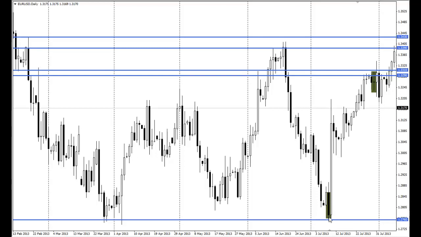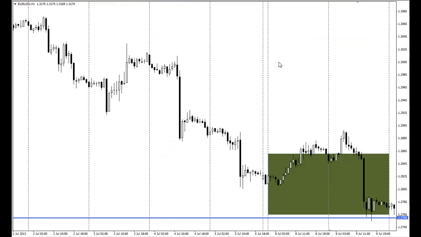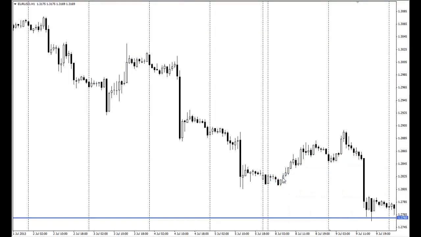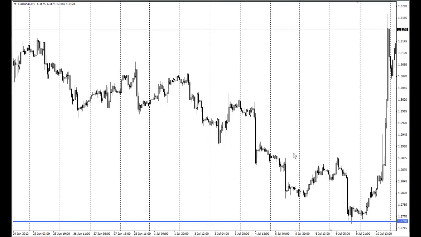So what we're going to do is look at this particular day, and the actual candle comes in at July 9th, 2013, and we're going to start with an hourly perspective on it. All I did was use this to highlight the time. We have a market in a consolidation.